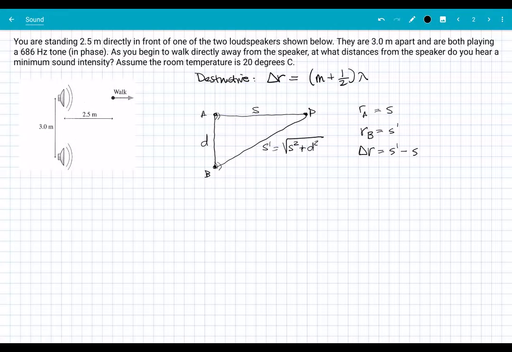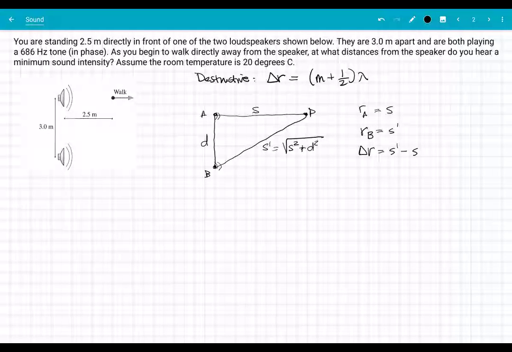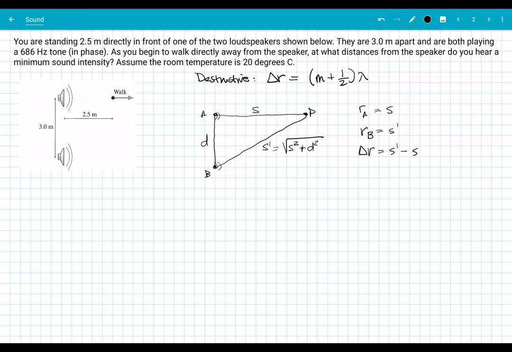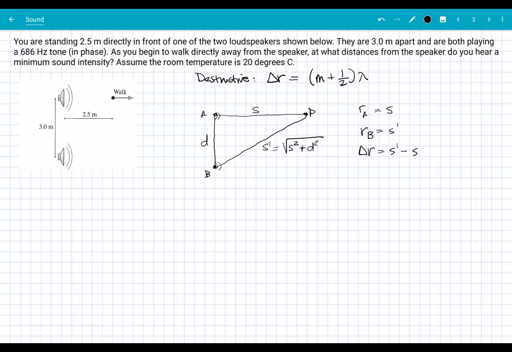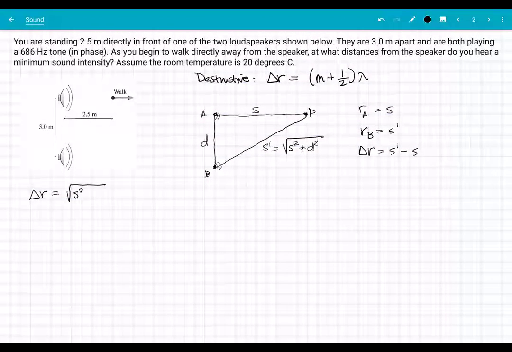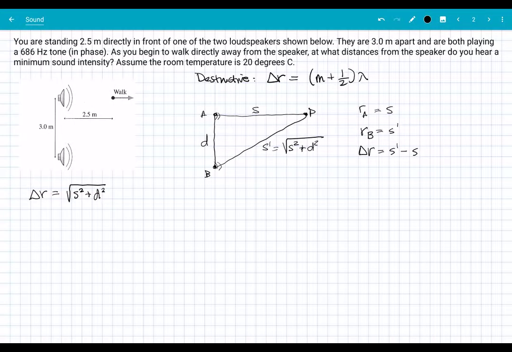So I can define my delta R that way. So my delta R, if it's equal to S prime minus S, I can write S prime in terms of S as the square root of S squared plus d squared, minus S. All right, there's my path length difference.